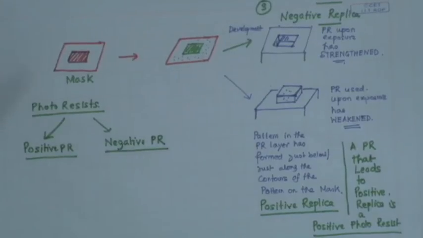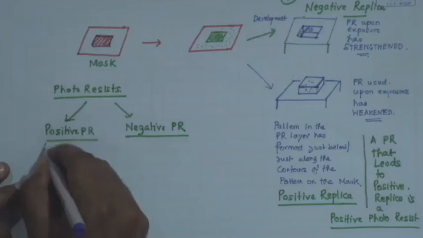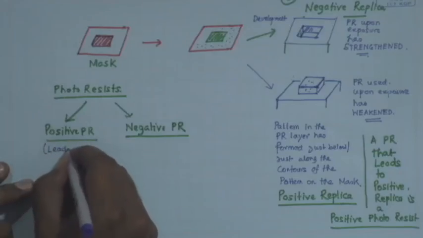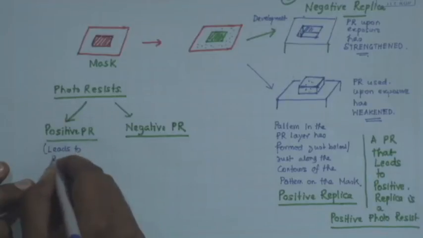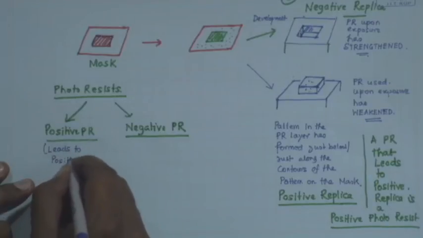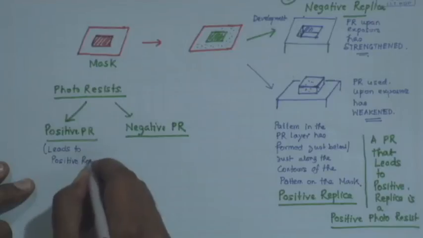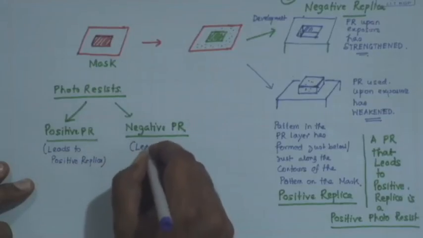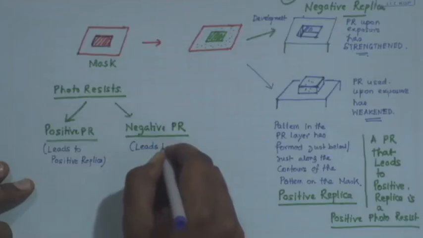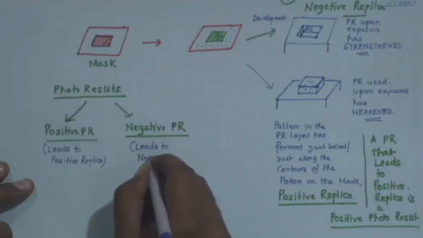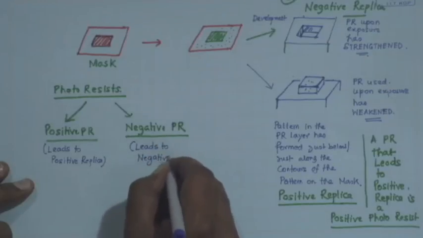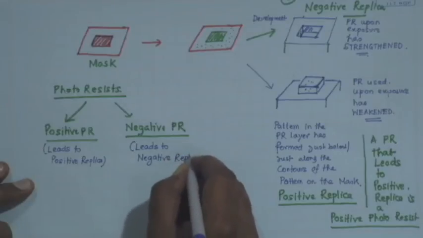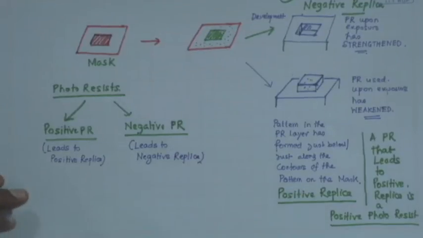And how do we distinguish or classify? A positive photoresist is very simple, from the name itself it comes, leads to positive replica. And this leads to a negative replica.